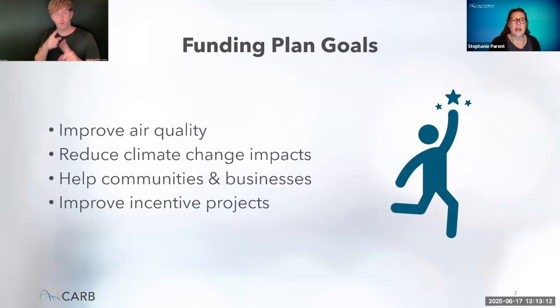CARB staff also aims to meet community and business needs. Where any funding appropriations allow for CARB to allocate funds to different incentive projects, that's where we collaborate with you and other interested parties on how those funds should be allocated. Lastly, the plan is a way for us to refine and improve how the projects work. I'll talk more about this in a couple of slides.